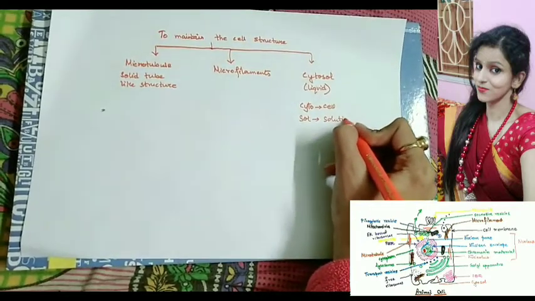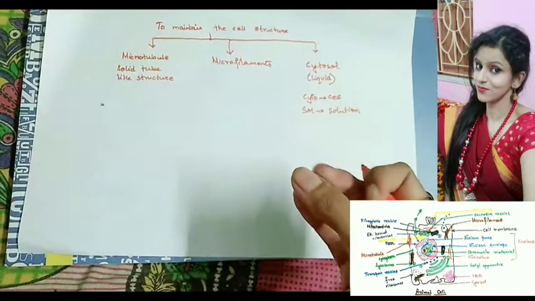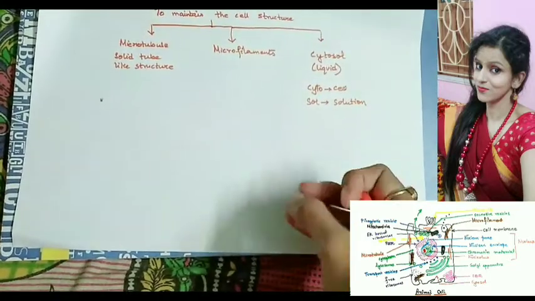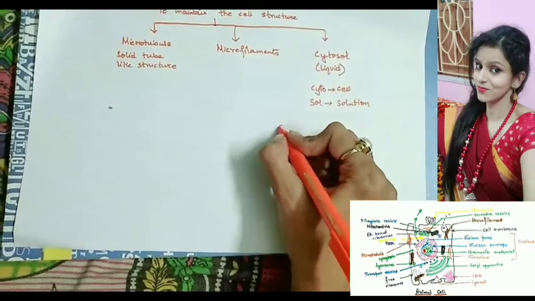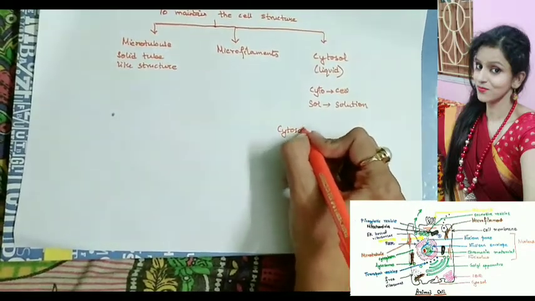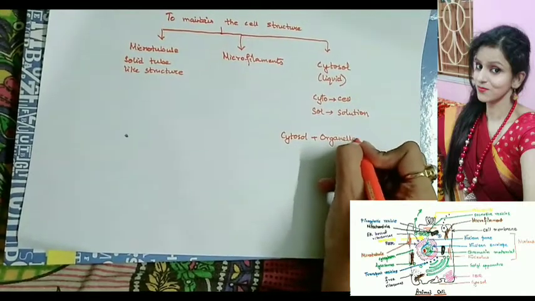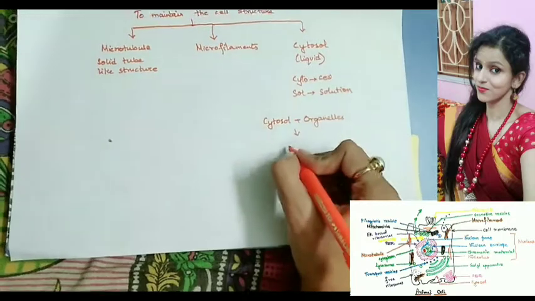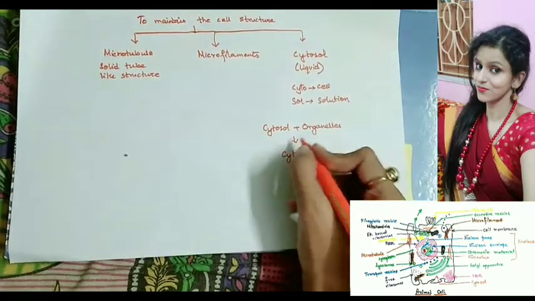So cytosol is made up of these two parts: cyto, that is cell, and sol, meaning solution. Whatever liquid is present is known as cytosol. Now cytosol plus the organelles which are present, if we consider this together, is known as cytoplasm. I hope it is clear to you.